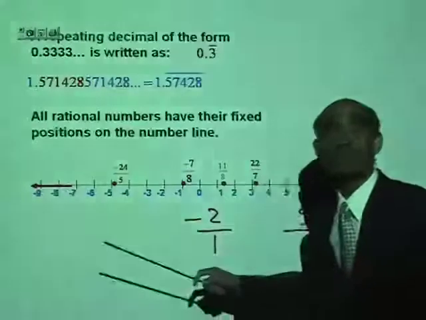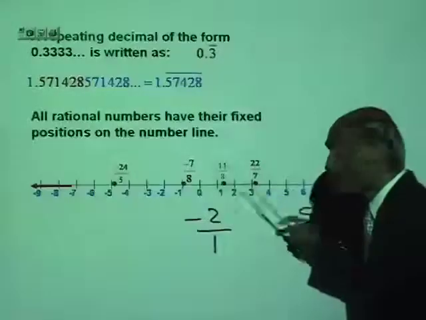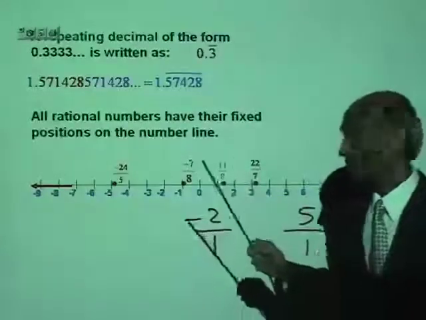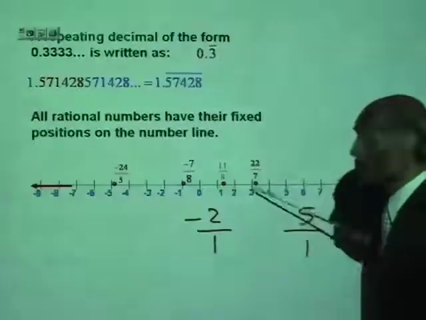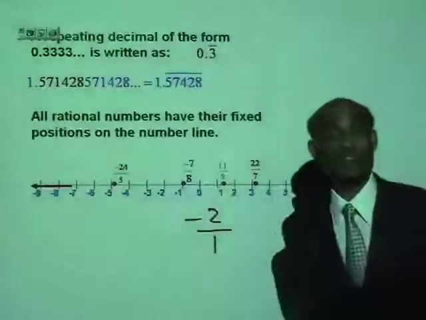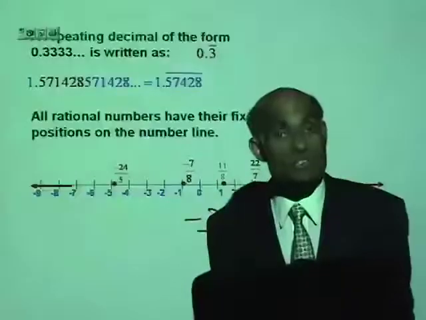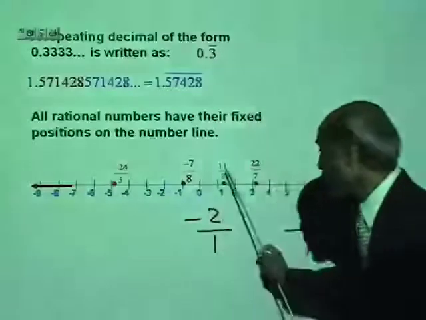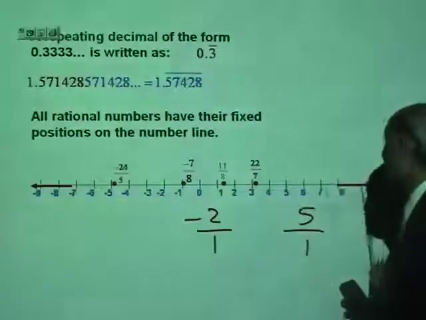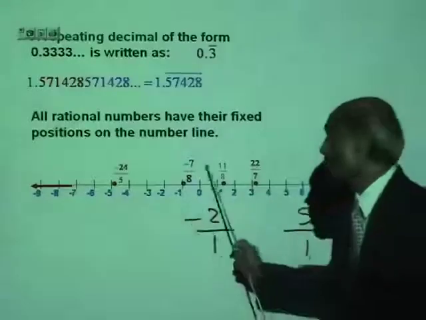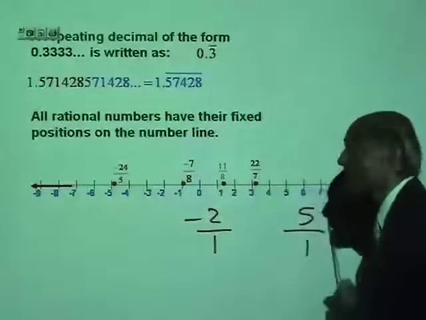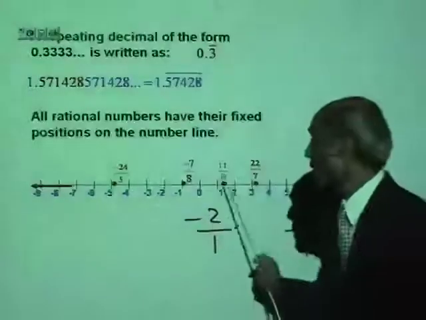Negative 9 is a rational number. 0 is a rational number. 1, 2, 3, they are all rational numbers. All integers are rational numbers. All natural numbers are rational numbers. All whole numbers are rational numbers.